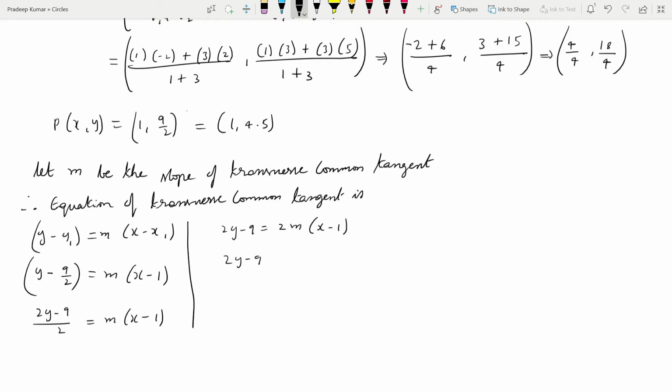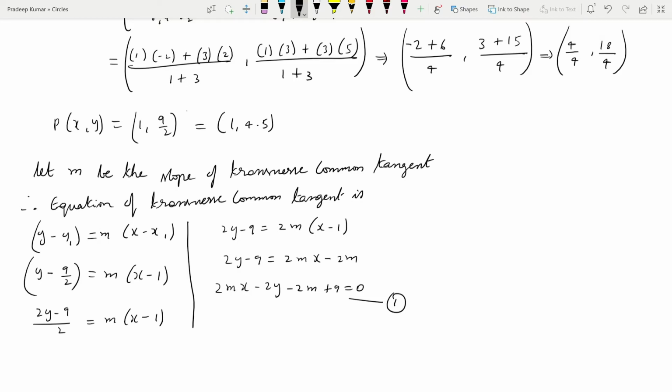This is 2y minus 9 equal to 2mx minus 2m. If you bring everything to one side, we get 2mx minus 2y minus 2m plus 9 equal to 0. We'll take this as equation 1. This is the common tangent equation for both of the circles.